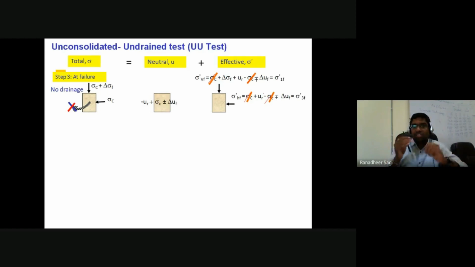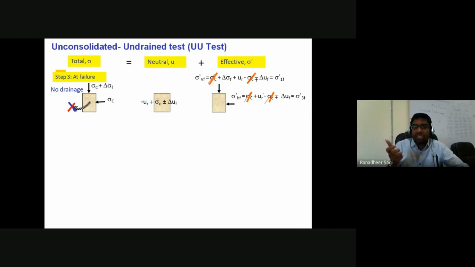So whether you talk about sample 1 or 2 or 3, in all the 3 samples the resultant state of stress, what you will be getting on the soil sample in horizontal and vertical direction, comes out to be same. Ultimately, whether you plot the Mohr circle for sample 1 or sample 2 or sample 3, all those 3 Mohr circles will be overlapped with each other.